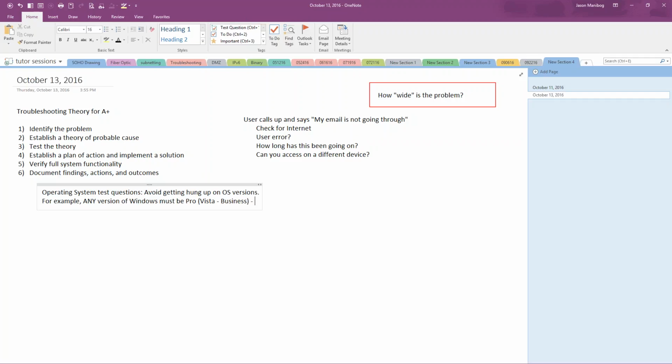You didn't hear me say that. Any version of Windows must be Pro in order to join a domain. So you don't want to get hung up on the fact that you get a test question saying they've got Windows 7 or Windows 8 or Windows 8.1. Doesn't matter. It must be Pro. Oh, Enterprise too. Thank you, Jim, for clarifying. Yes, Pro or higher.